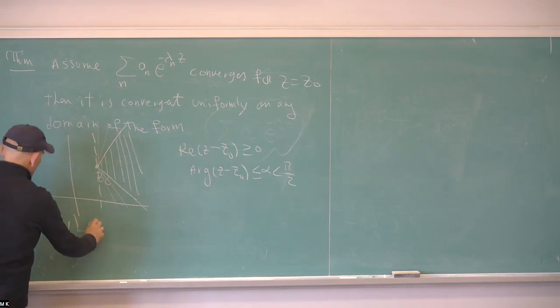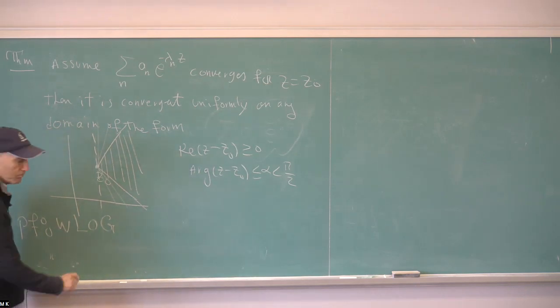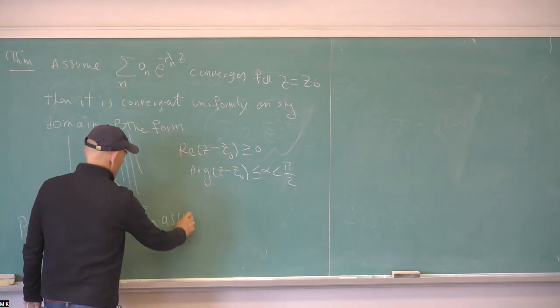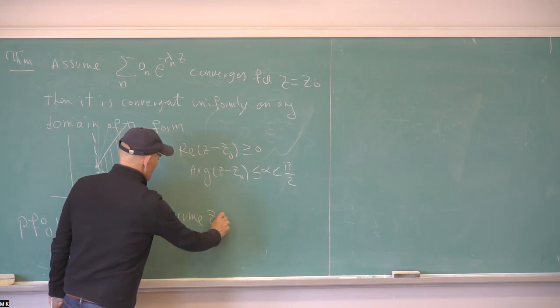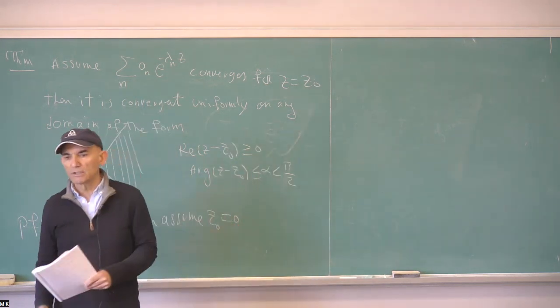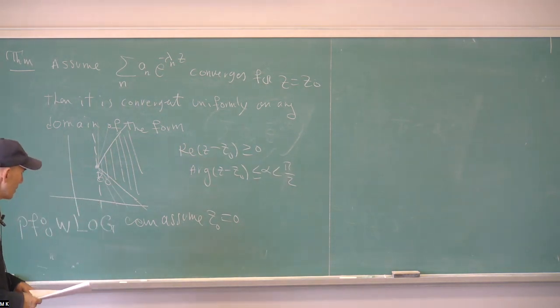Without loss of generality, WLOG, we can assume that z0 is equal to 0. I mean, you can just shift and translate. That doesn't affect anything. So we can just assume that.